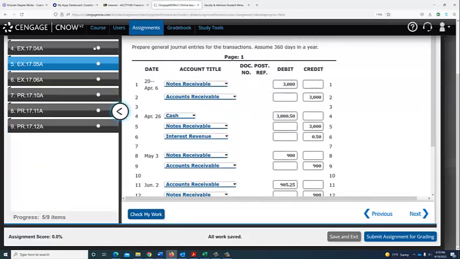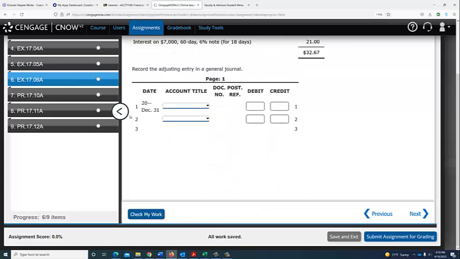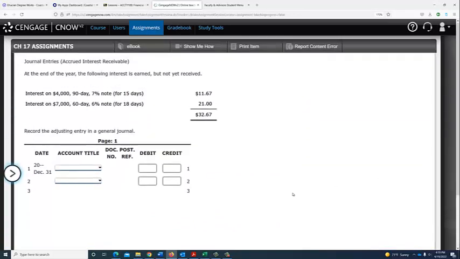Okay, next we're going to look at accrued interest. Remember, accrued interest is interest that has added up. Accrued just means added up. So we have two notes that we need journal entries for at the end of the period. The first one is $4,000. It's a 90-day note.